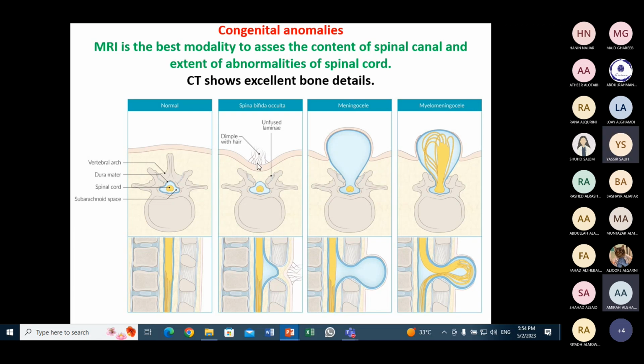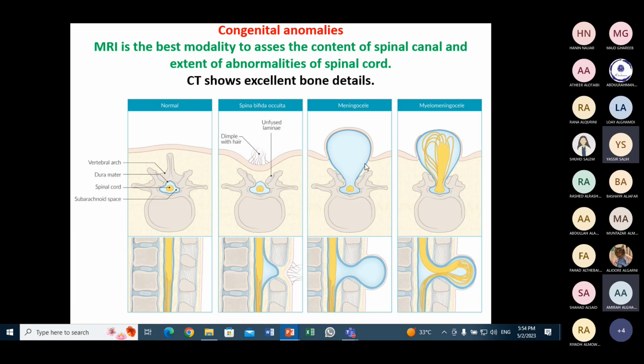If the content, the spinal cord and meninges, is covered by the skin, it is called spina bifida occulta. But in case of protrusion of the content, the meninges or the spinal cord could protrude through this opening.